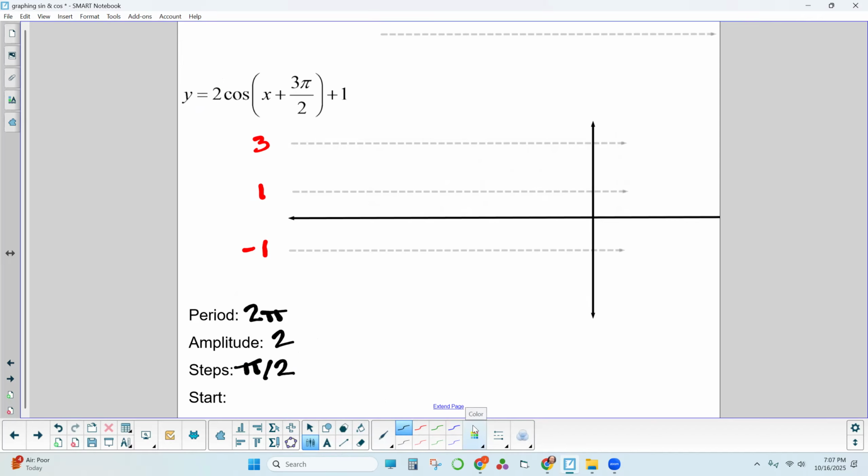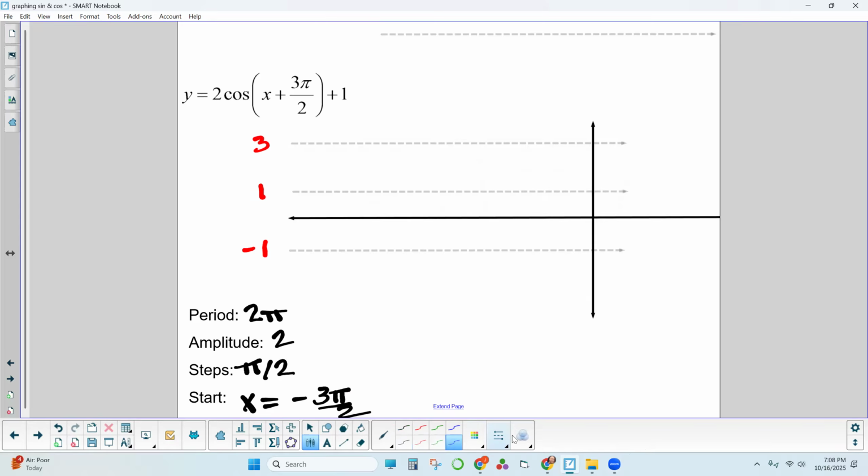Steps are the increments that you measure off on the x-axis that represent our angles. Where we start is x equals 0 on every graph, unless there is a horizontal shift. So in this function, we have a shift, if you look in parentheses, to the left, 3 pi over 2.